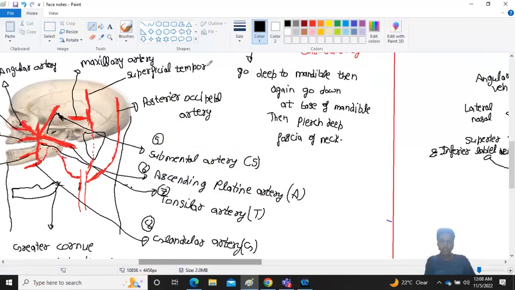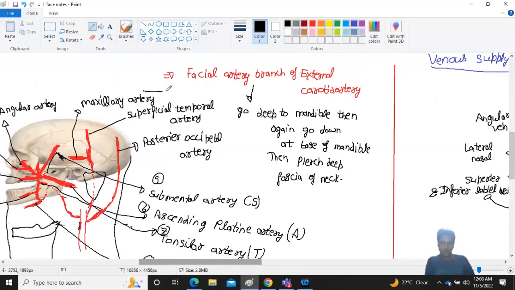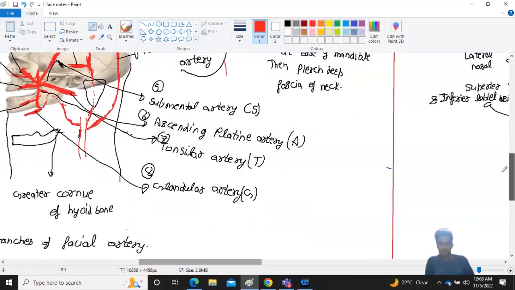These are branches of the external carotid. Remember, these three, 1, 2 and 3, are branches of the external carotid artery.